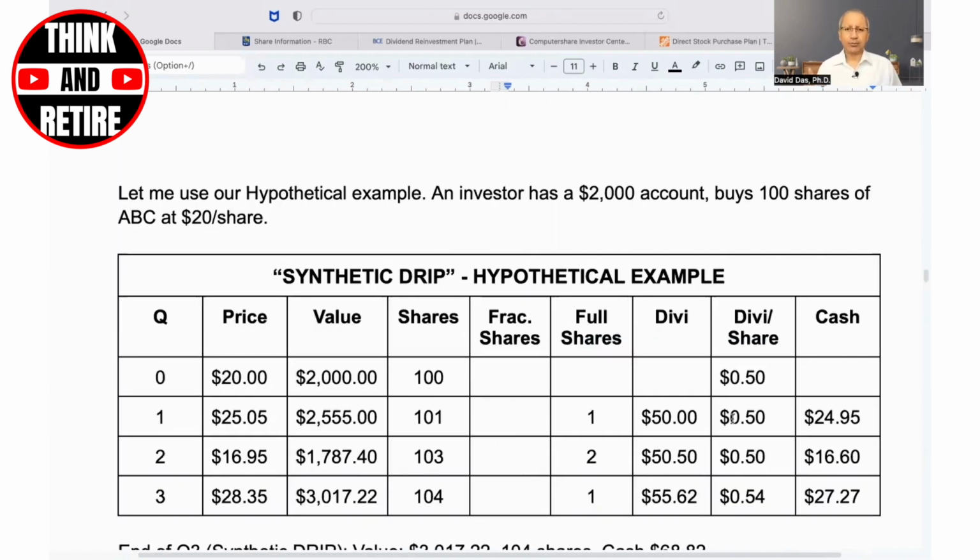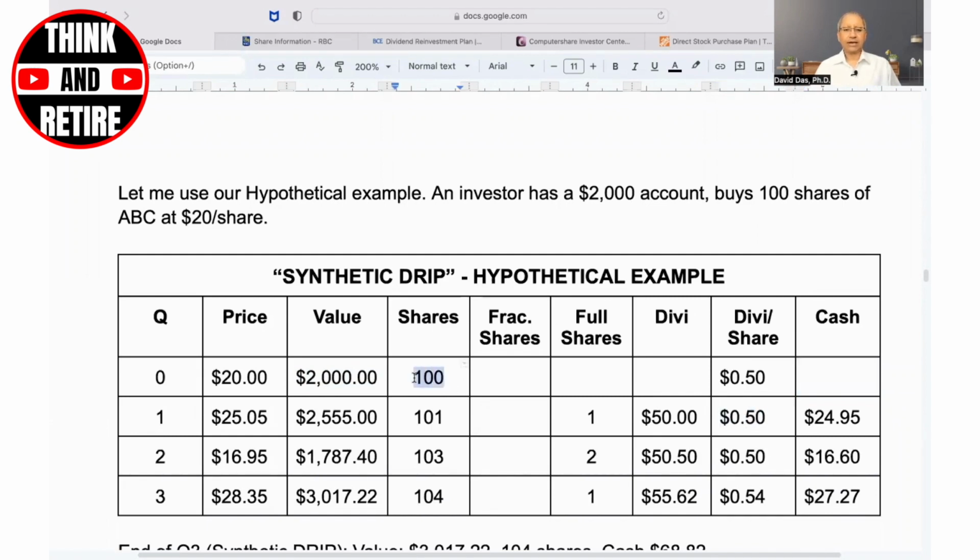We will use the hypothetical example we talked about before and see how it works for synthetic DRIP. The investor has a $2,000 account, so he or she buys 100 shares of ABC at $20 a share. So the portfolio value at the moment is $2,000 and there is no cash. At the end of Q1, the company has declared a dividend of 50 cents per share.